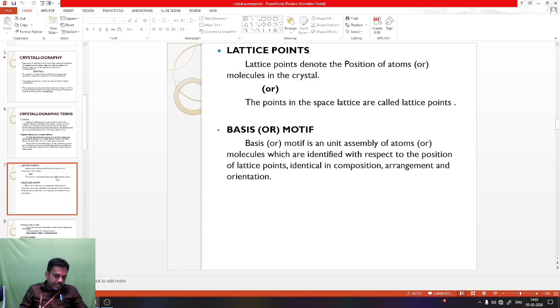That means the lattice point is the fixed point, but it is imaginary. But the atoms which combine together to form a molecule with respect to these lattice points, and are periodically arranged, this group of atoms is called the basis.